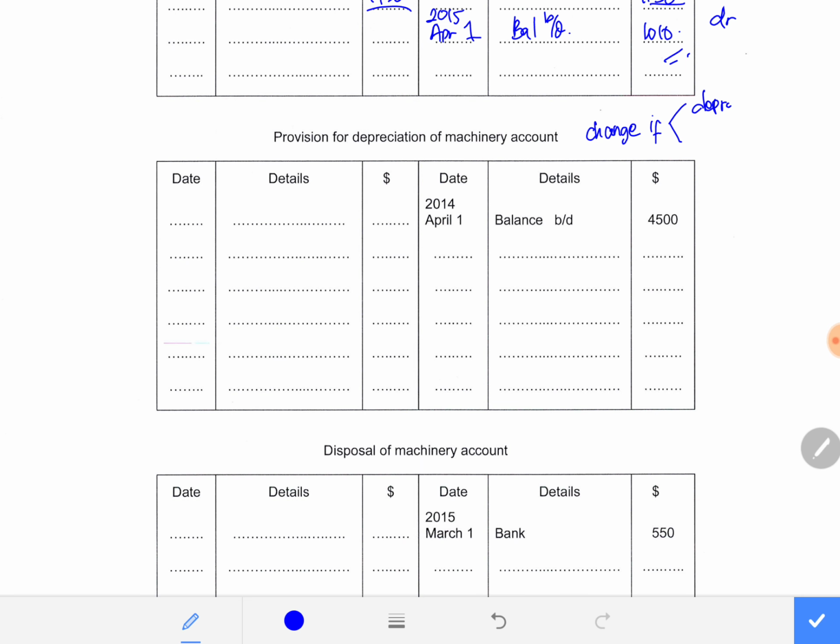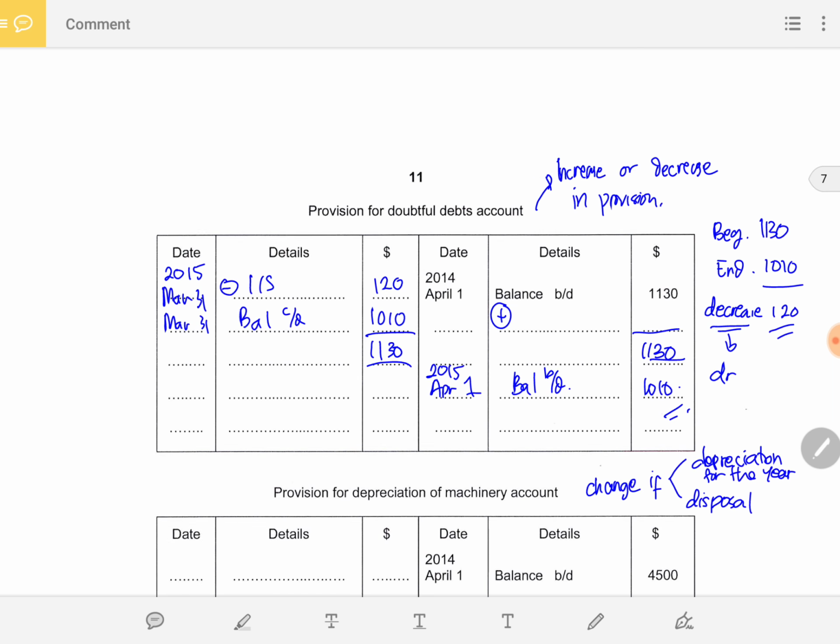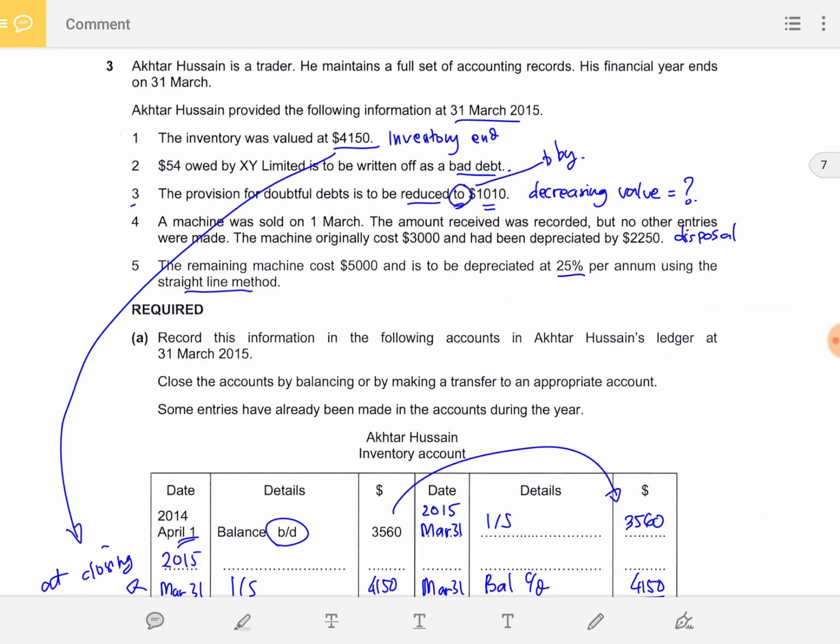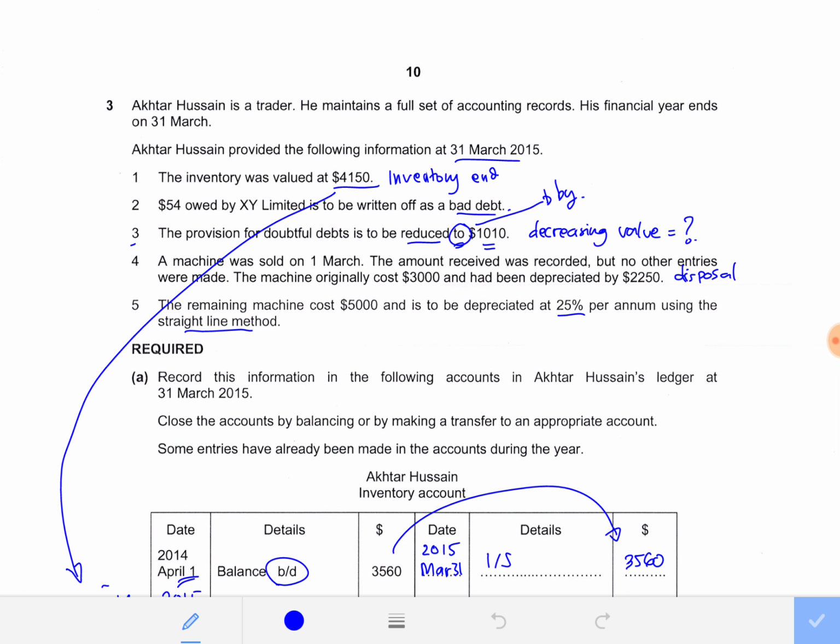The first one is depreciation for the year. The second one, if there is a disposal. Now we check on the questions given in number 5.